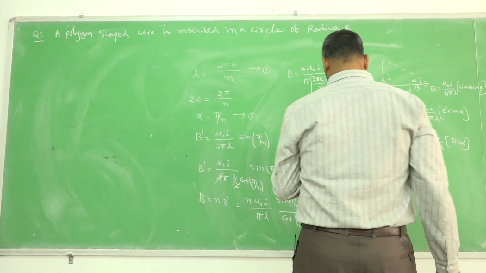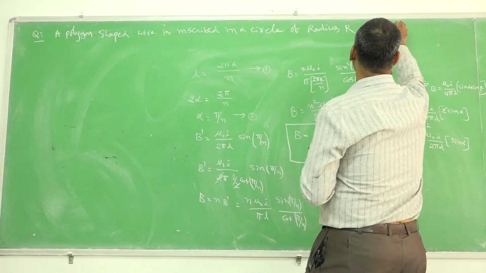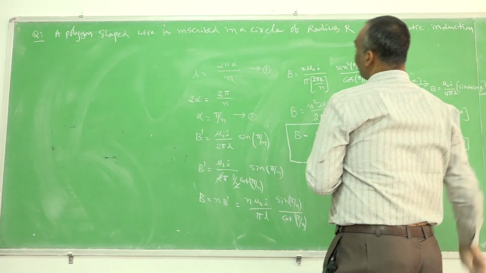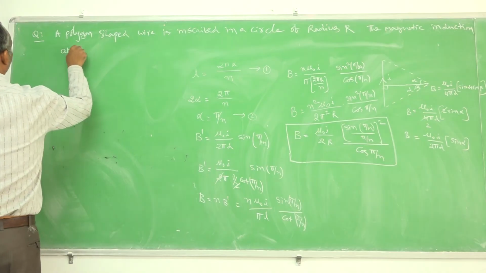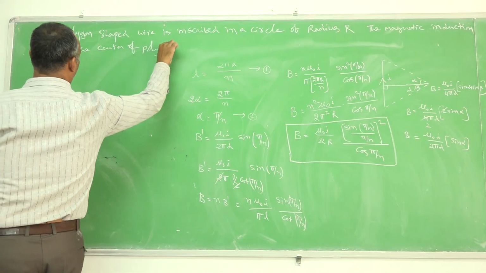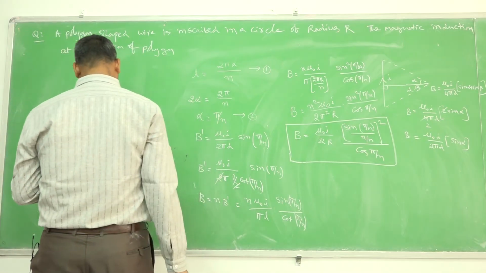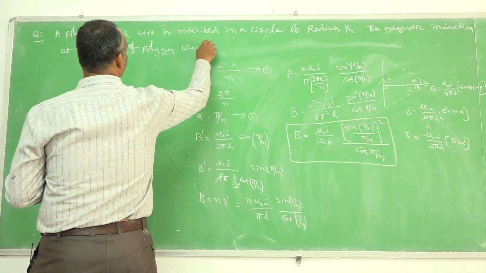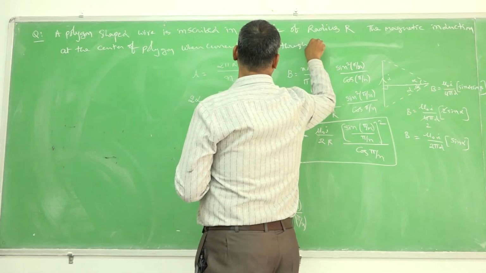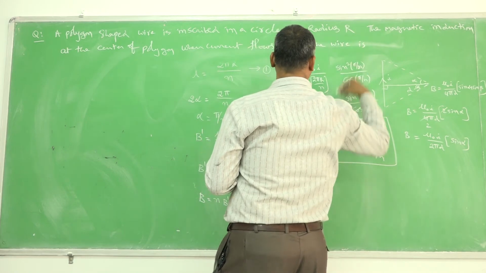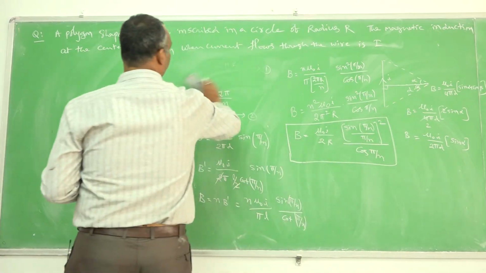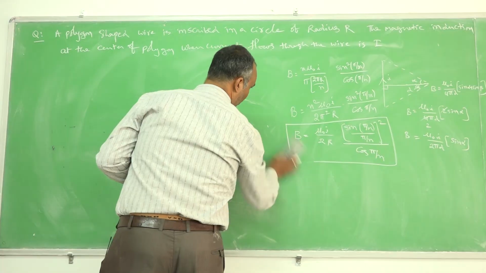The magnetic induction at the center of the polygon when current I flows through the wire is... They gave 4 options to us.